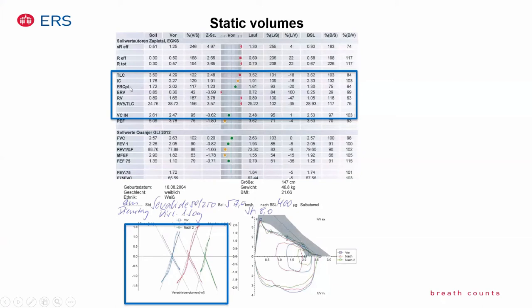Same is true if you look at the values. It's 2.02 liters prior to exercise, 1.81 liters after exercise. And after bronchodilation, there's no absolute value, but there's still not really a change.